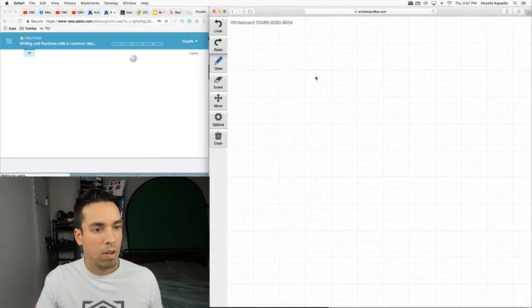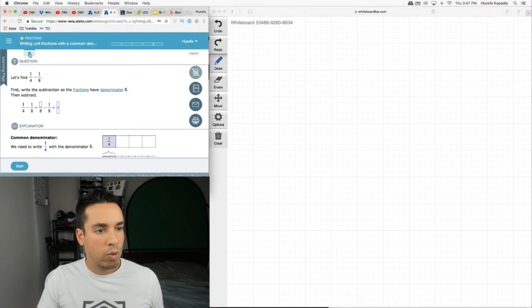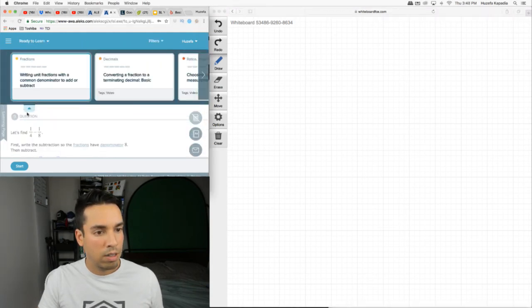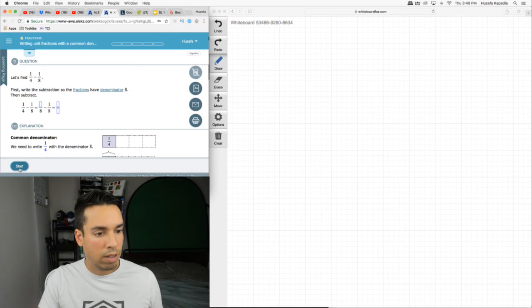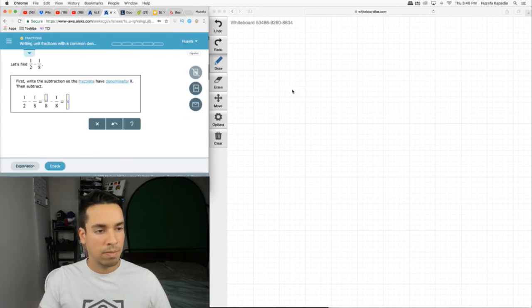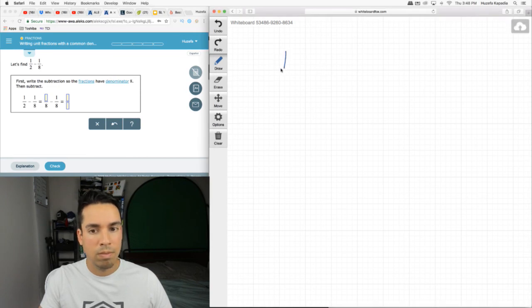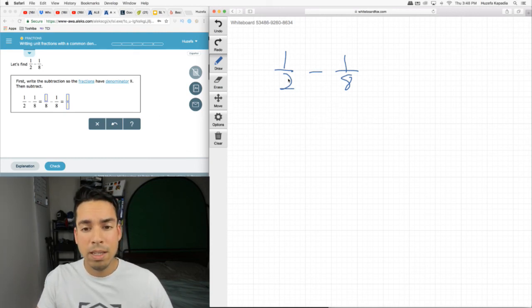All right, next problem. Writing unit fractions with a common denominator to add or subtract. Let's find 1/2 minus 1/8. So first of all, we can't evaluate this until we get a common denominator. So what have they done? They've converted the 1/2 to something with a denominator of 8. So let's think, how do you make this denominator 8? You can only use multiplication or division.